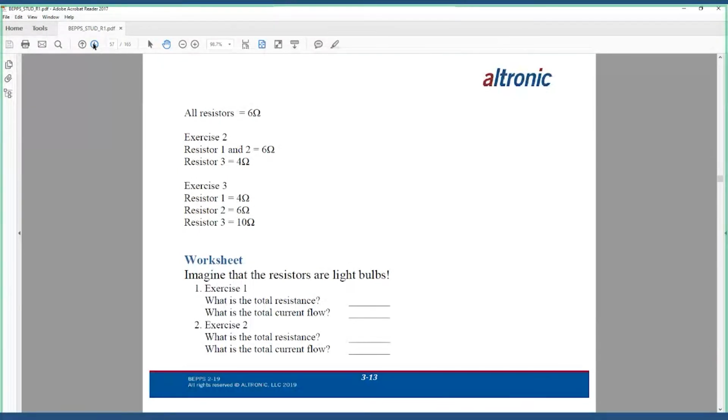Exercise 2: resistor 1 and 2 equal 6 ohms, and resistor 3 is going to equal 4 ohms. So if you have available to you a short little piece of paper, we'll see if we can do this together real quick in the time that we have left.